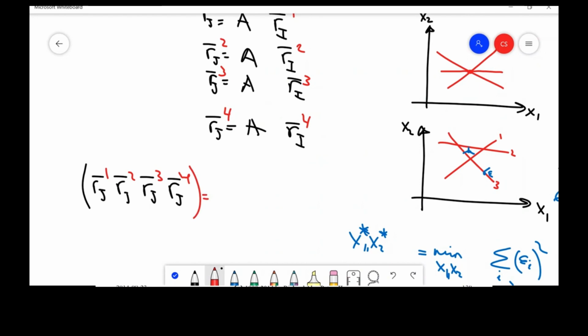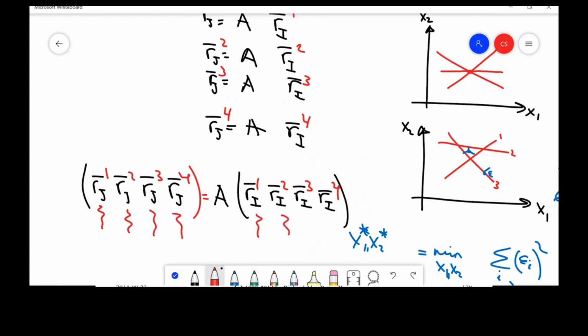And then we have A, and then we have again R, I, and I. So now I have my 4 pairs. What this equation is saying is that this vector times this matrix should be this vector, and this second vector times this matrix should be the second vector. So here, the vectors are column-wise.